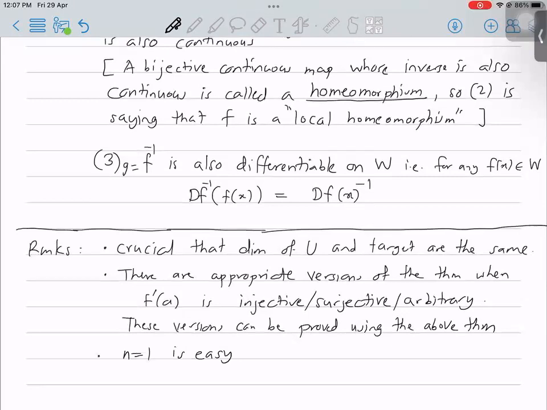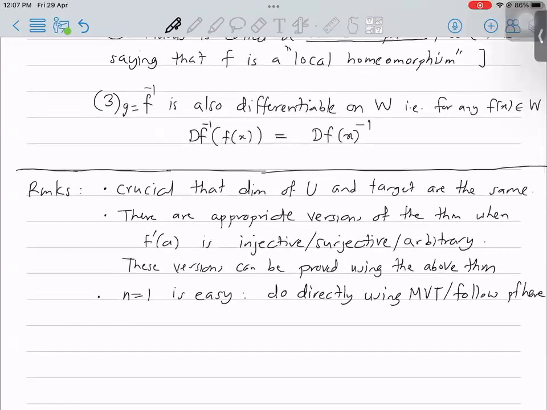Essentially, as many things do, it boils down to the mean value theorem. So do it directly using the mean value theorem, or follow the proof here if you don't see what is going on.